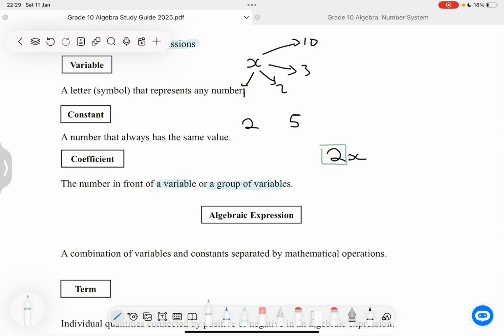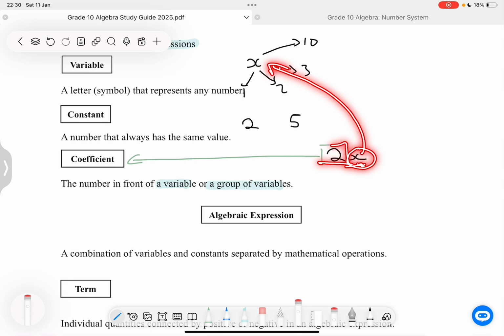This number here is called a coefficient. The 2 in front of the variable. Remember, an x, we said, is a variable. Any letter that would change, that would represent any number, is a variable because it changes. But if there's a number in front of that letter, we call it a coefficient.